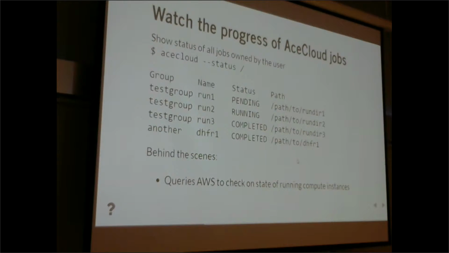So we have a group identifier which allows you to manipulate a whole set of simulations in a collective operation. For example, you can retrieve all of the results of a group or just the results of one simulation, depending on how you refer to it. This view is always live as well, so you'll always get an up-to-date status, an idea of how your work is progressing.